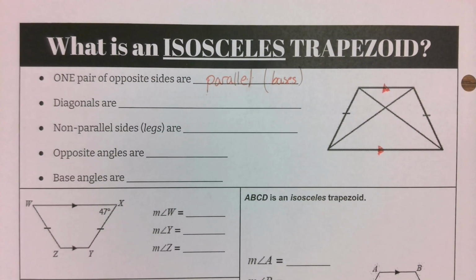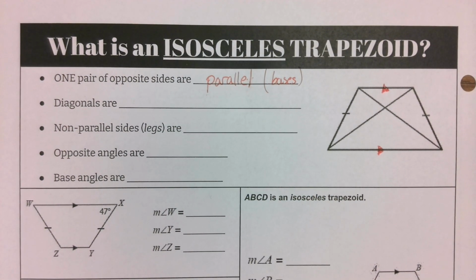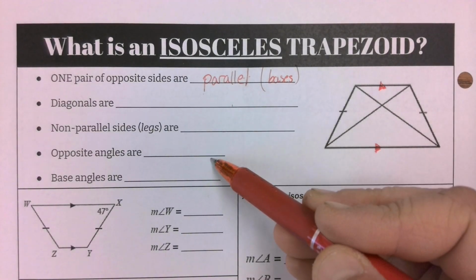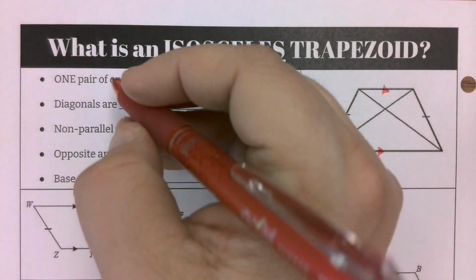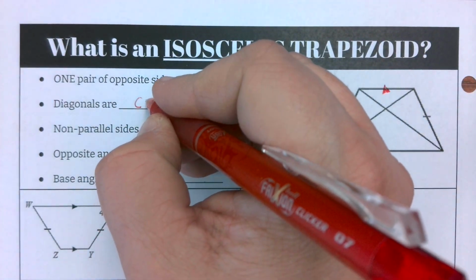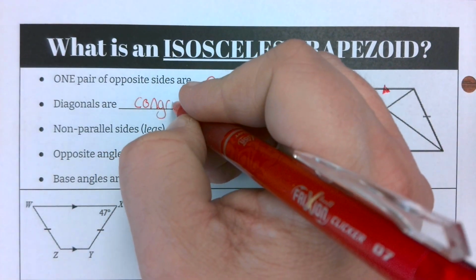Then if you are an isosceles trapezoid, you have to have all of these extra conditions met. So not only do you have one pair of parallel sides that are bases, just one pair of parallel sides, you also have to have diagonals that are congruent or equal to each other. Congruent diagonals.